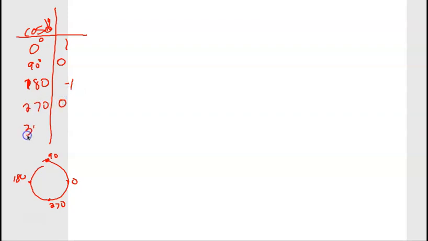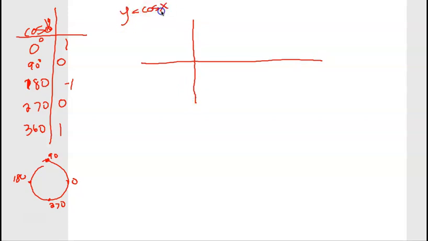And 360 is back at 1. So if you notice this graph, this is the cosine function. The cosine function actually starts at 1. So there's the starting spot right there, 0, 1.